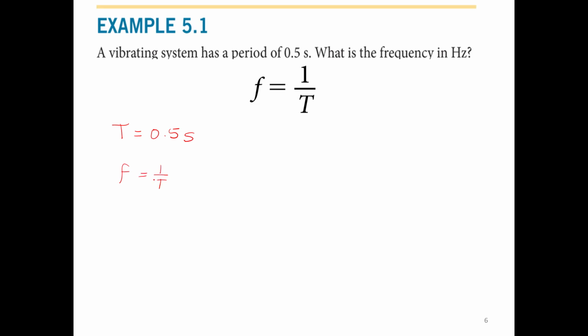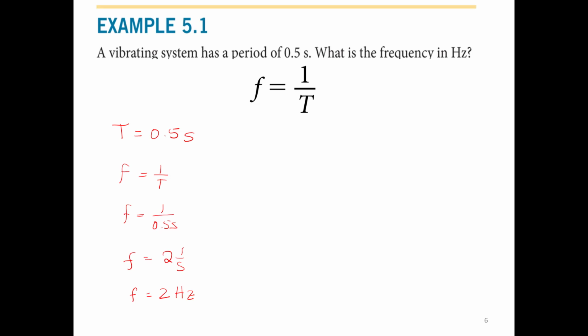Remember, the period is the time for one complete oscillation. Then the period equals 0.5 seconds. Then the frequency equals 1 over second. Or we can say also the frequency equals 2 hertz.